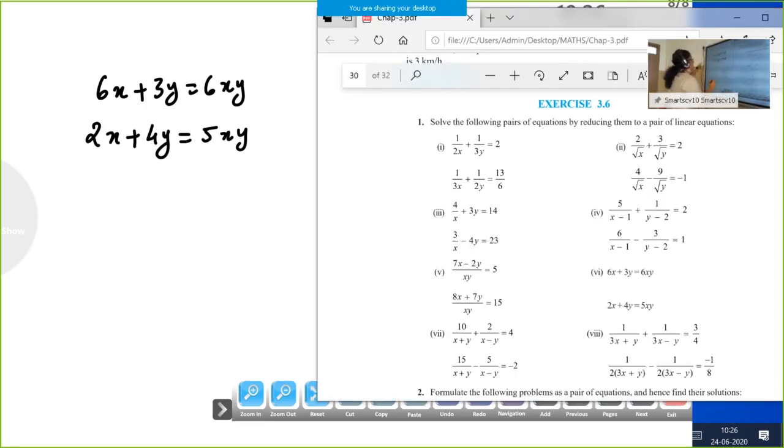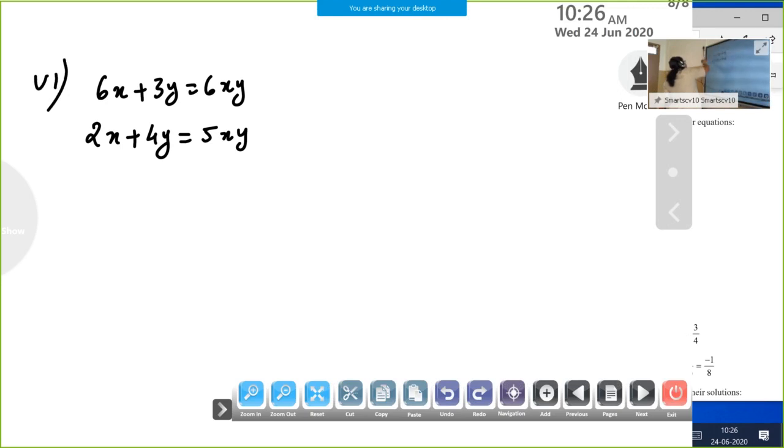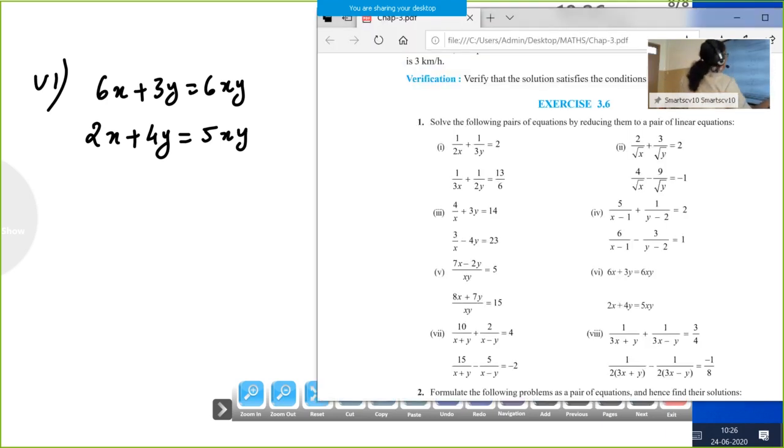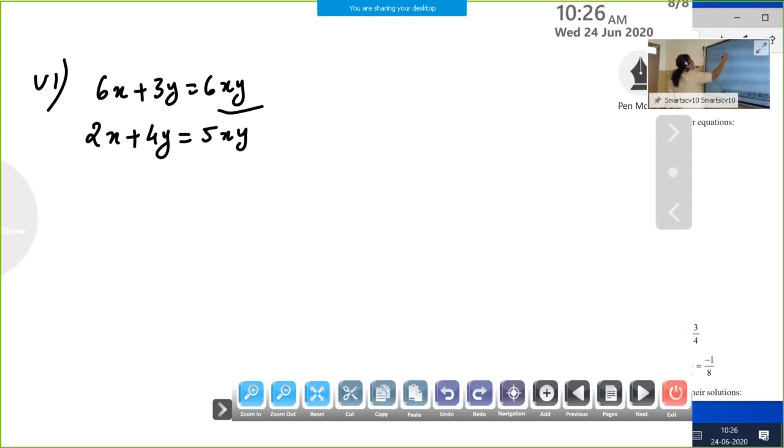First equation 6x plus 3y is equal to 6xy, and 2x plus 4y is equal to 5xy. This is equation number 1 and this is equation number 2.